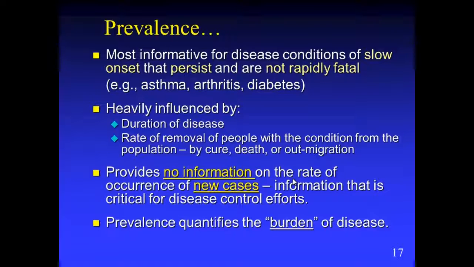So that's why prevalence has this limitation relative to incidence, which we're going to talk about next. Sometimes people will say that prevalence quantifies the burden of disease. So if you hear talk of the burden of disease, usually that's a reference to prevalence of a disease.